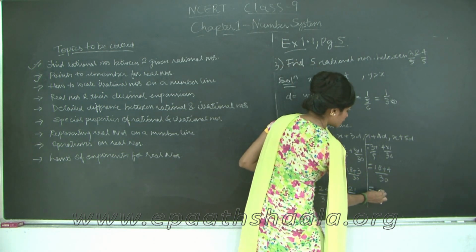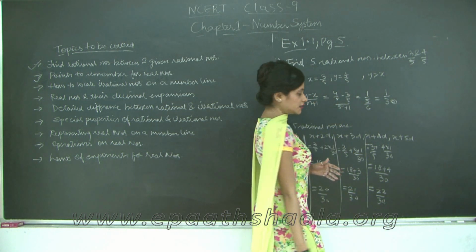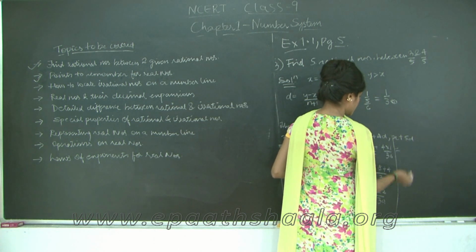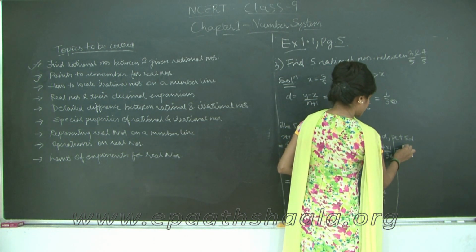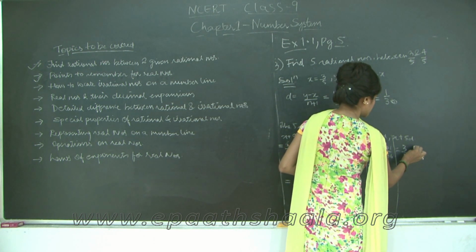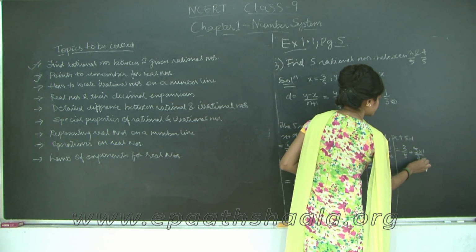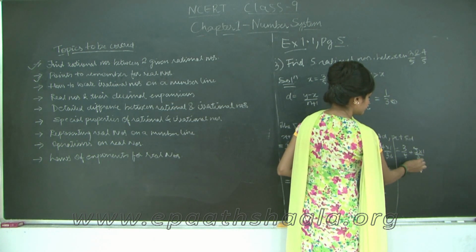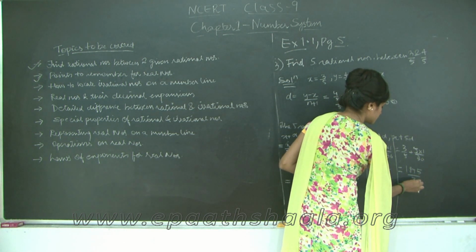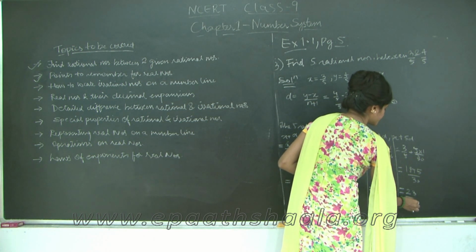So 18 plus 4 is 22 upon 30, right? And finally you have 3 upon 5 plus 5 into 1 upon 30. This is going to be 18 plus 5 upon 30, which is 23 upon 30, right?